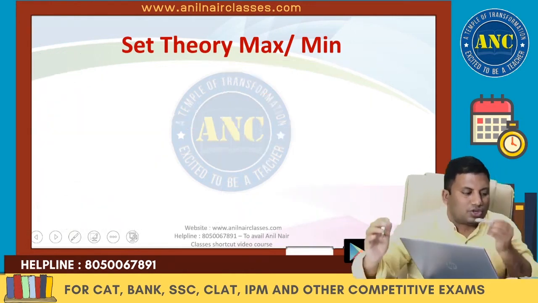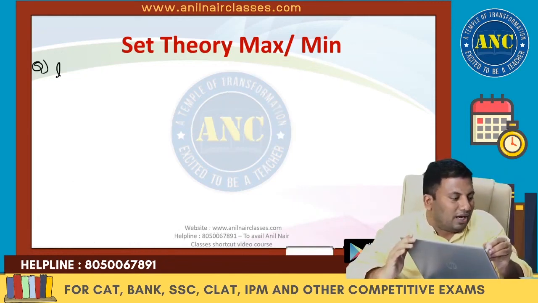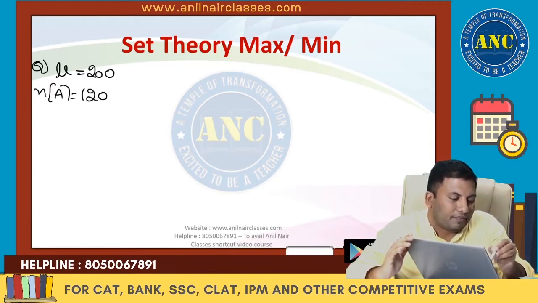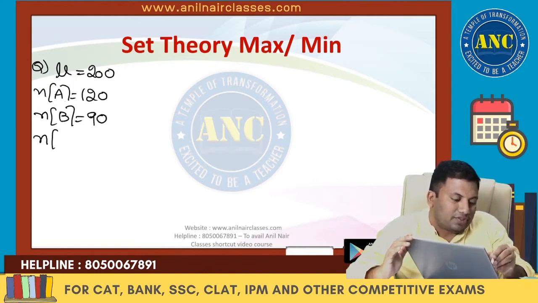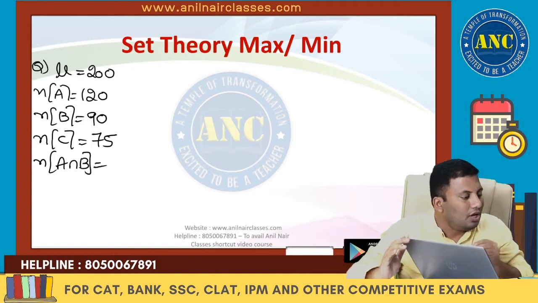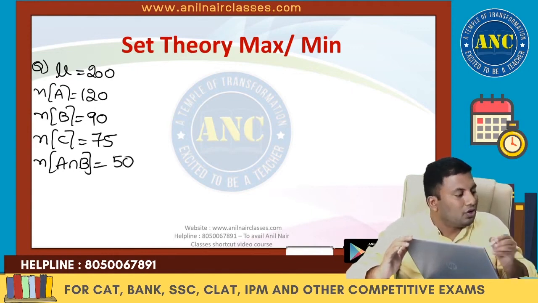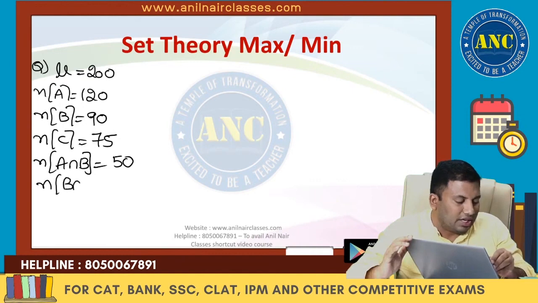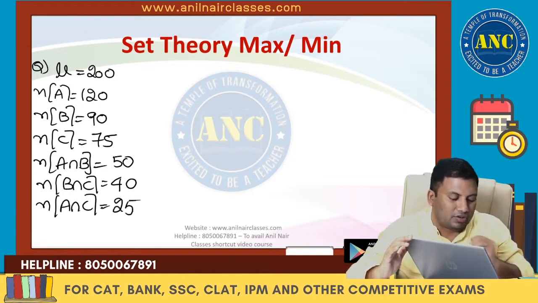Question. First question. Let me tell you the values. Mu is 200. n of A is 120. n of B is 90. n of C is 75. n of A intersection B is 50. n of B intersection C is 40. n of A intersection C is 25.